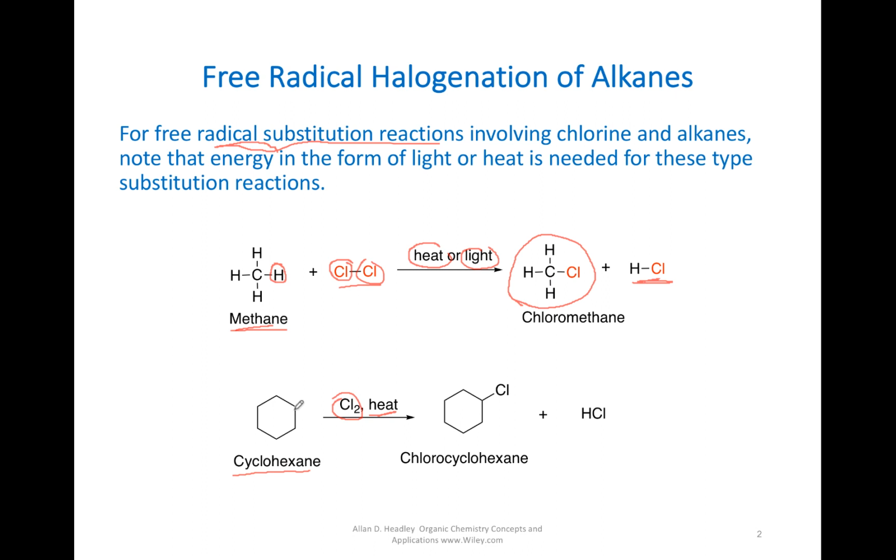You should recall that there are 2 hydrogens here, 1 here and 1 here. So substitution of one of these hydrogens with a chlorine will give us our organic molecule chlorocyclohexane and the inorganic molecule HCl.